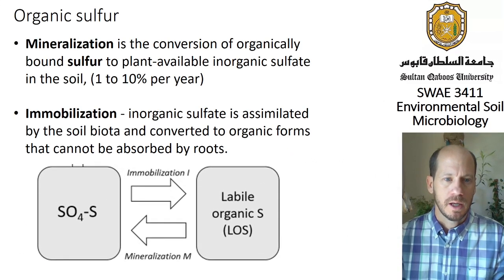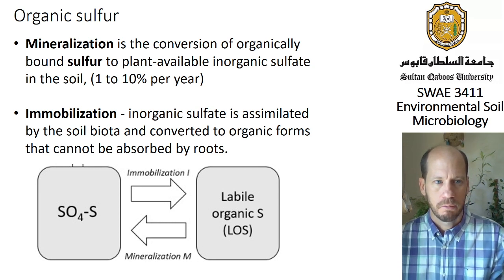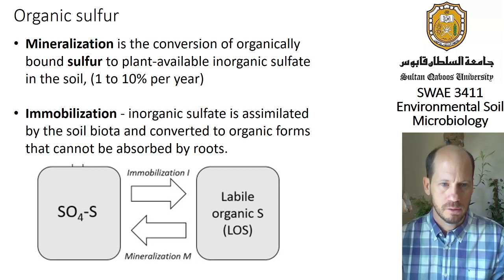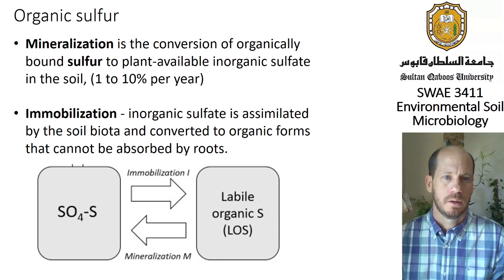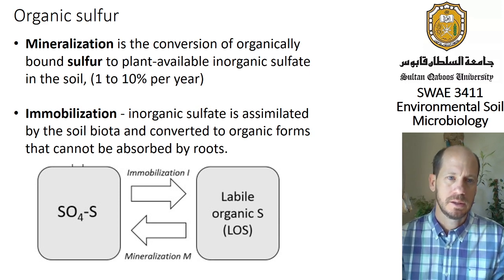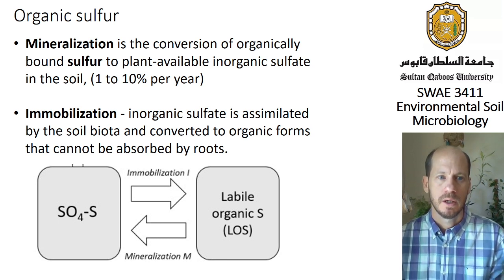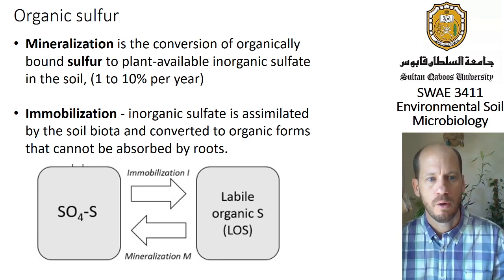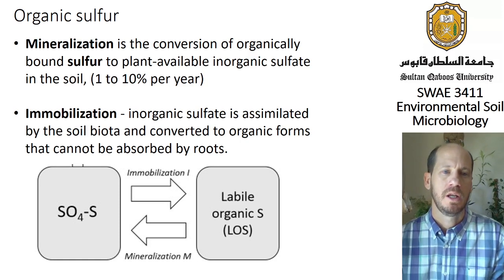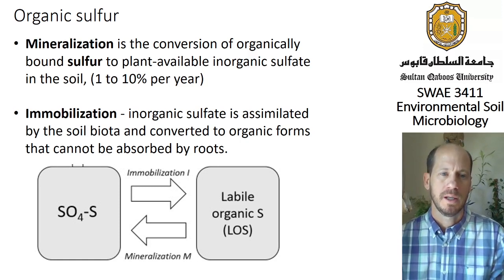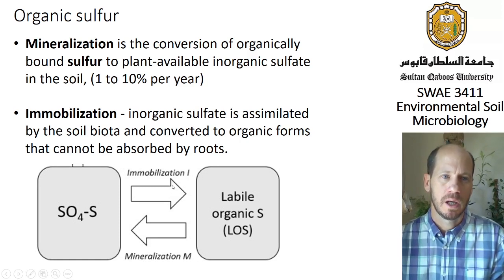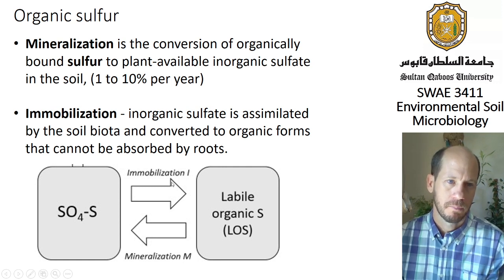All right, so let's talk a little bit about these individual processes that are happening in soil. First of all, between mineralization and immobilization, this is the interchange and the cycling between the sulfate in the soil and the uptake of the sulfate, the incorporation of the sulfate into organic molecules, and the mineralization will be the release of the sulfate back to the environment.